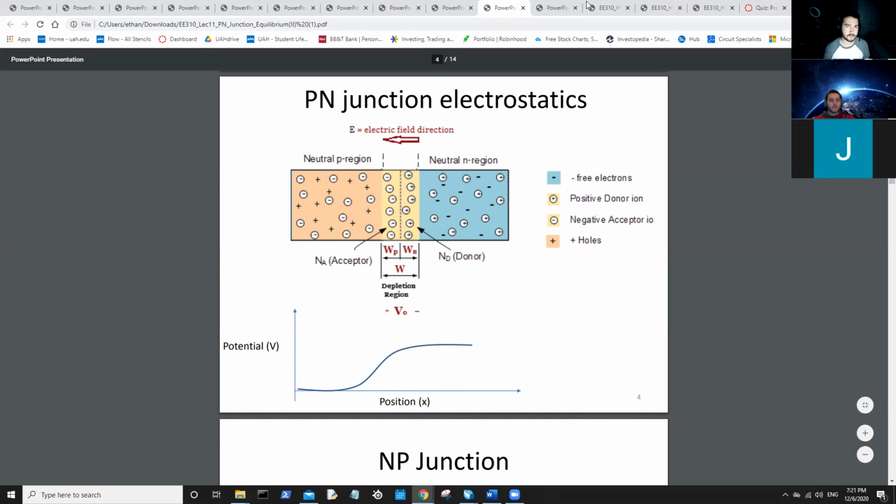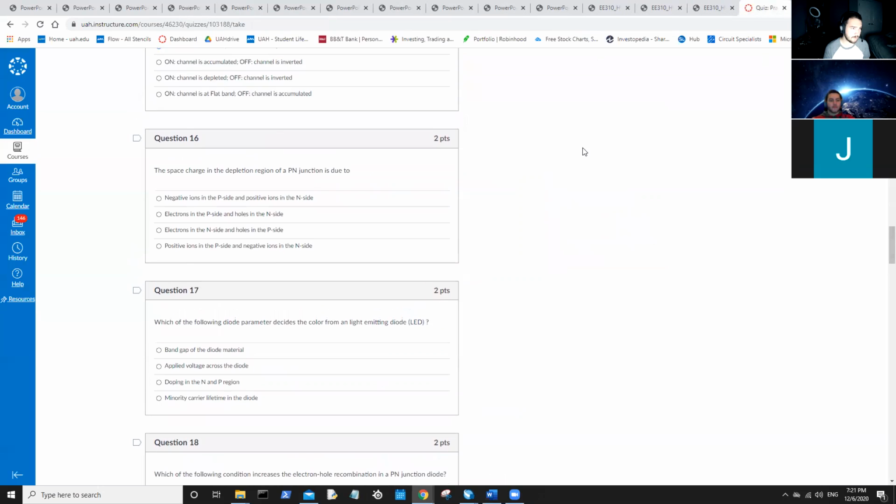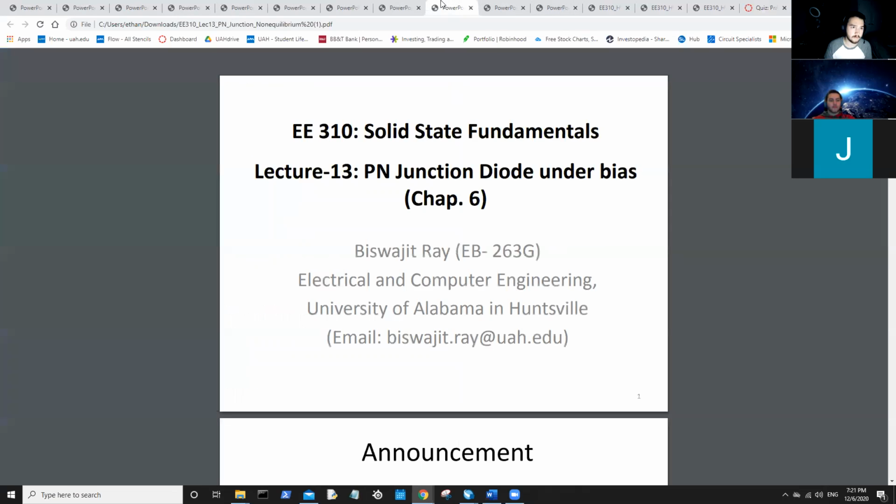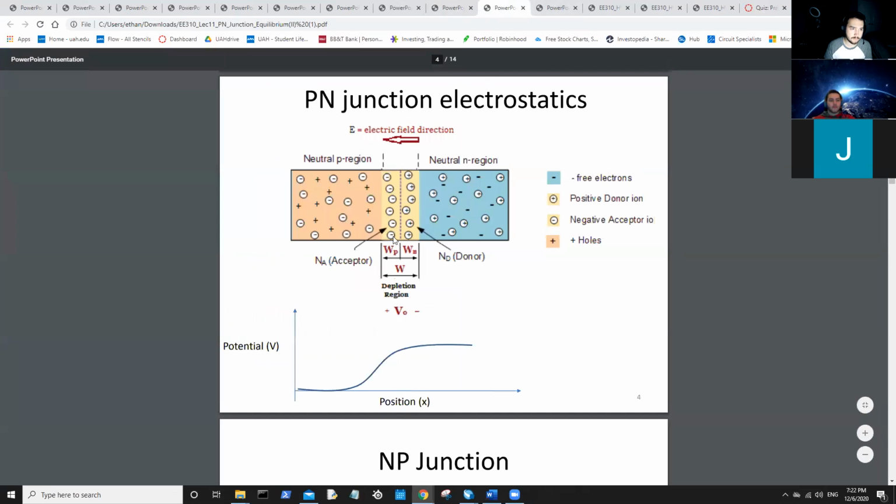With a little bit of prior knowledge, you would say P is positive because it has the acceptor, and N is negative because it has donors. But that's not correct here, because it's actually the opposite, because they flip and cause the depletion region. So here you would have negative ions in the P and positive ions in the N, which is right here. Negative on P, positive on N.